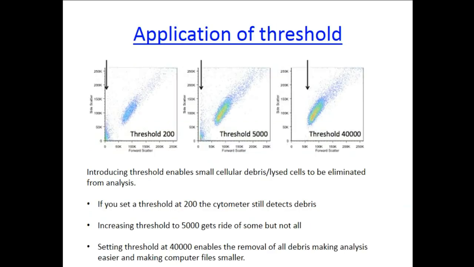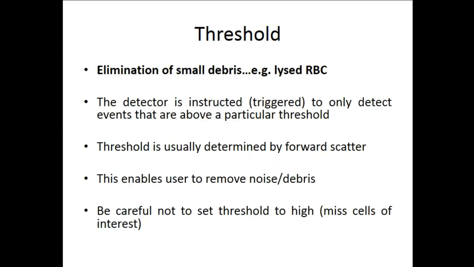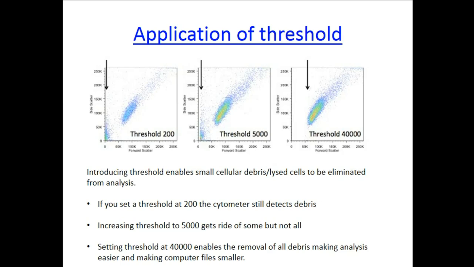And this is an example of how a user would set their threshold. Now here you can see forward scatter and side scatter. And here you can see a whole group of events that have small side scatter and small forward scatter.